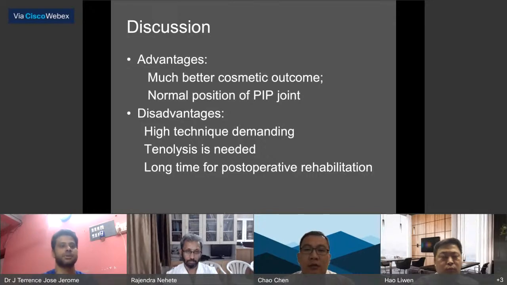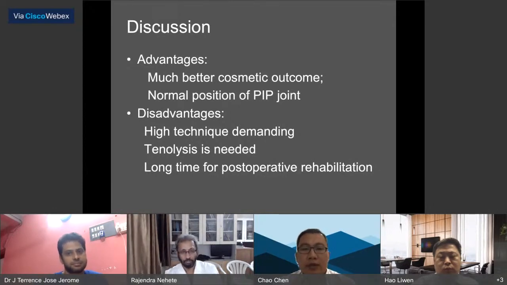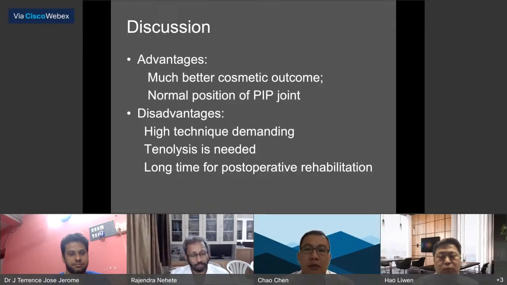It looks like a normal finger, so the cosmetic outcome is much better. And we put the PIP joint of the second toe in the same position as the contralateral finger, and thus it has the potential to achieve a better range of motion and better function.